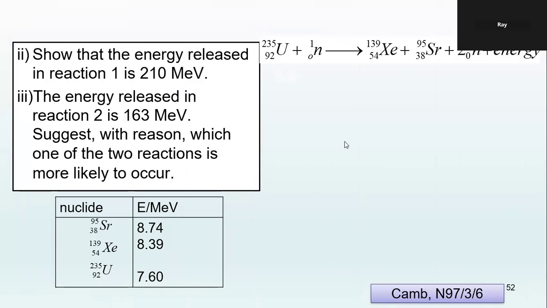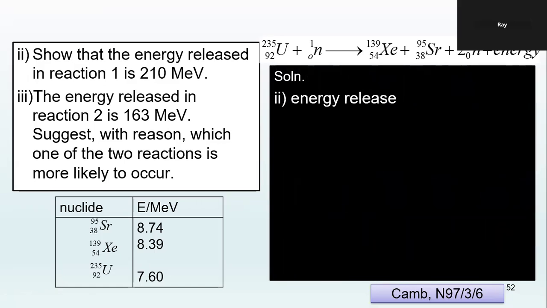This is an old question, but show that the energy release in reaction 1 is 210 mega electron volt. That's your reaction 1. Energy release. Since you are given binding energy, you start with the product first.